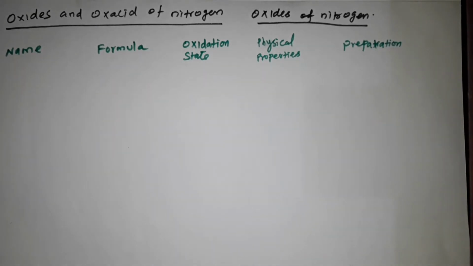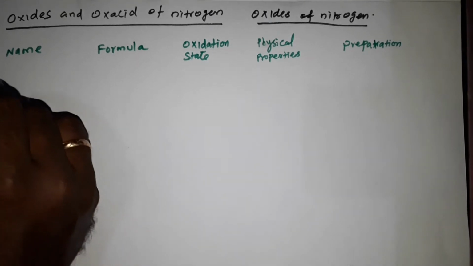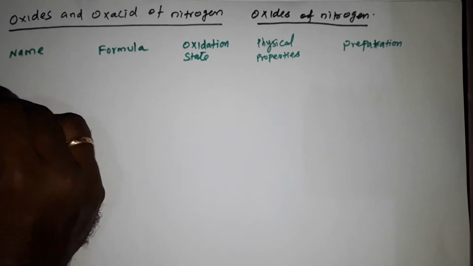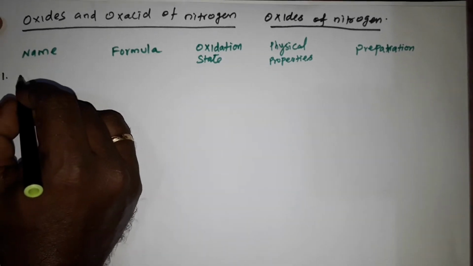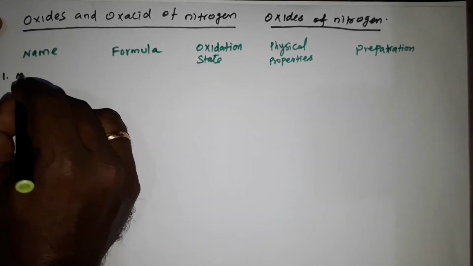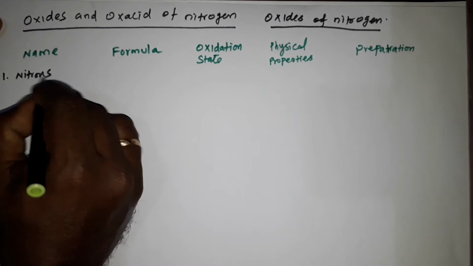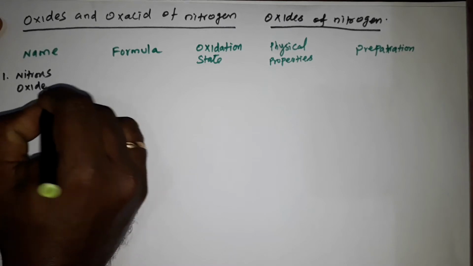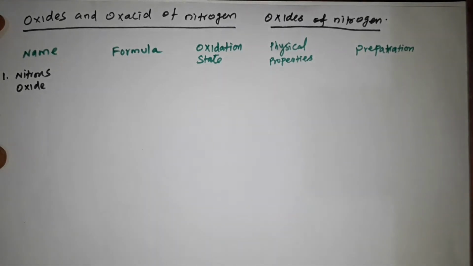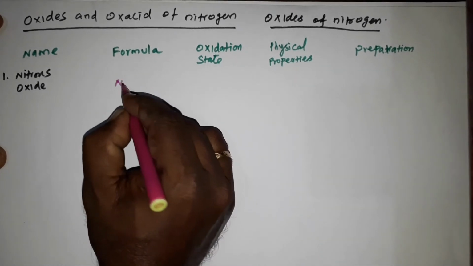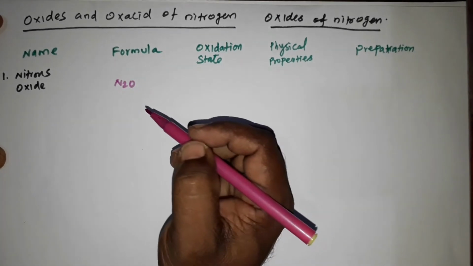Okay. So the first member is nitrous oxide. The formula is N2O. This is nitrous oxide.